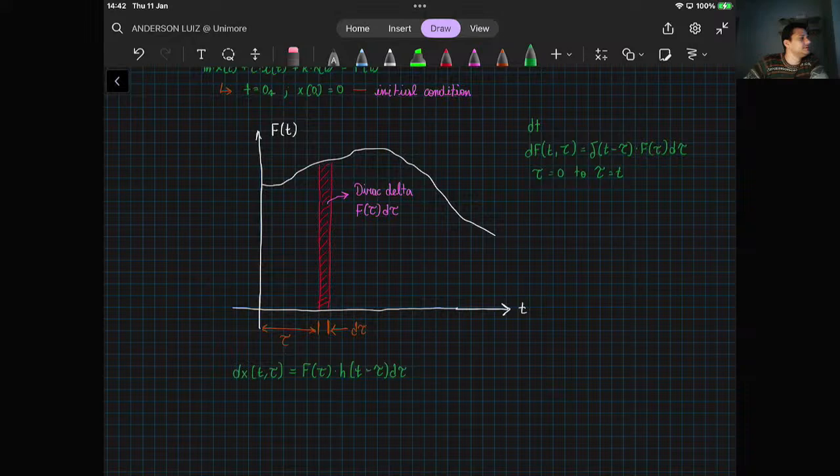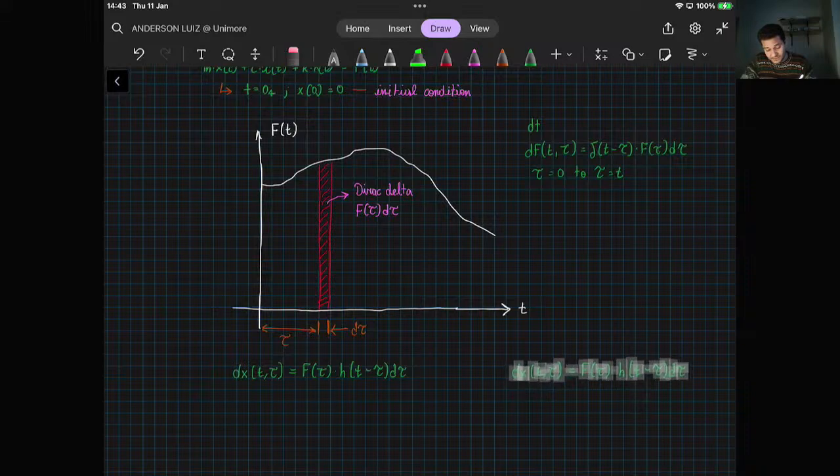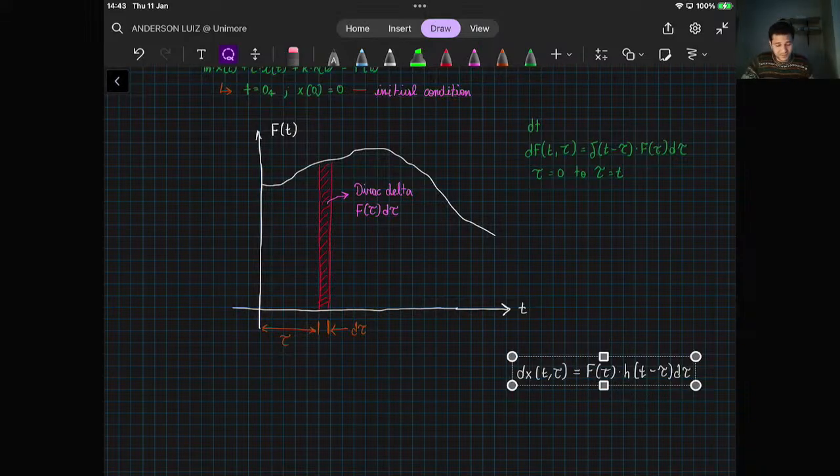And this is it. So what we have in terms of response, this graph is the forcing. Now let's talk about the response.